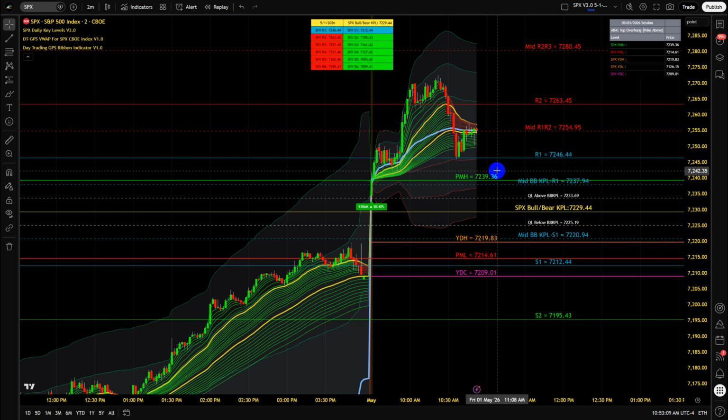What that means is that there are only 6 different market structures that SPX can trade in on any given day. The market structure is determined by 4 of the 5 contextual key levels: the PMH, the PML, the YDH, and the YDL level. Depending on the relationship of those levels determines the market structure for today's session.